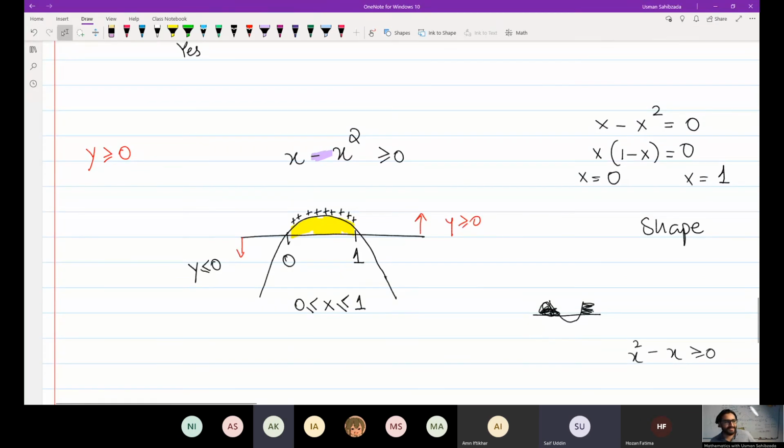Sir, can we take a point above or below the parabola and then recheck whether it satisfies the inequality, and if it does satisfy the inequality, that's when you shade the part?